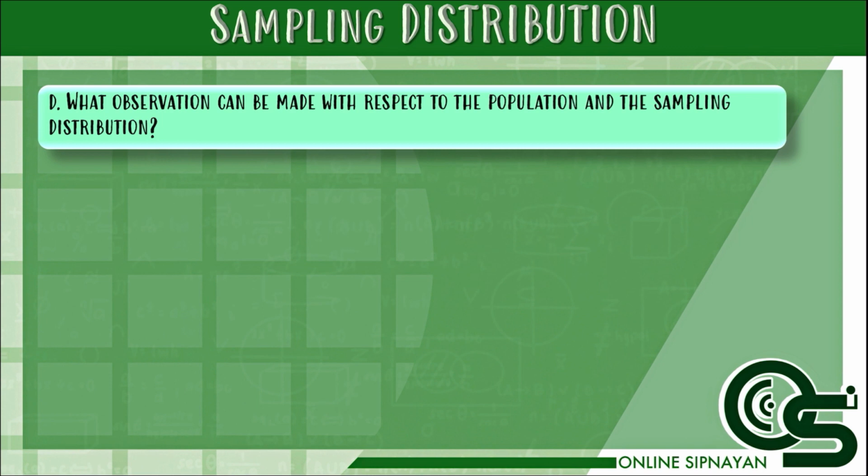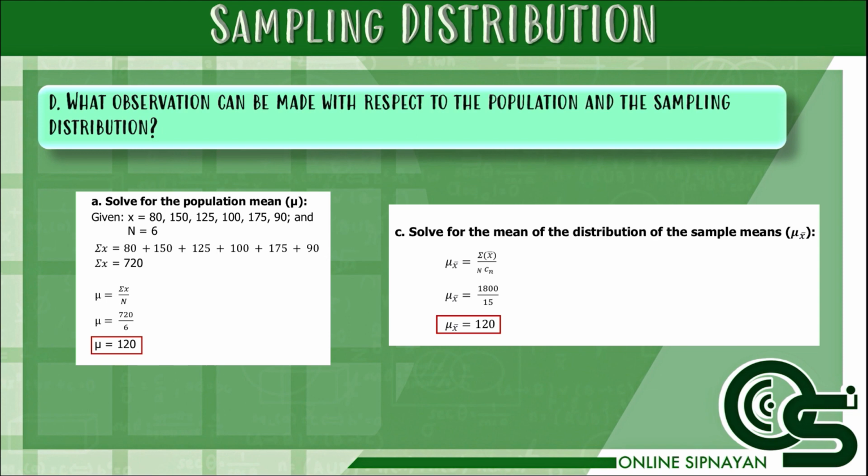So to answer letter D, what observation can be made with respect to the population and sampling distribution? The computed mean of the sample means and the computed mean of the population are equal. And the sample means and the population vary in different values.